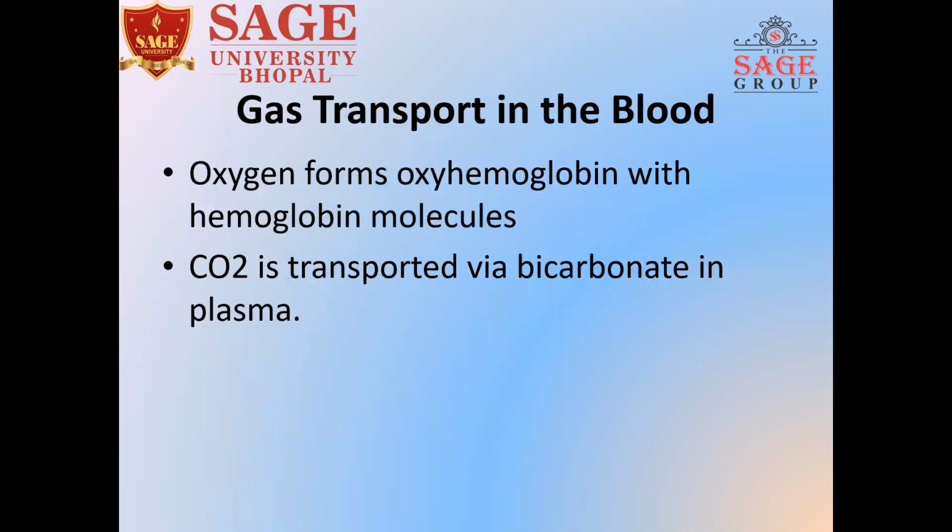Gas transport: the oxygen from the lungs to the heart travels in the form of oxyhemoglobin with the hemoglobin molecules, and carbon dioxide from the tissues is transported in the plasma in bicarbonate form and exhaled out from the lungs.